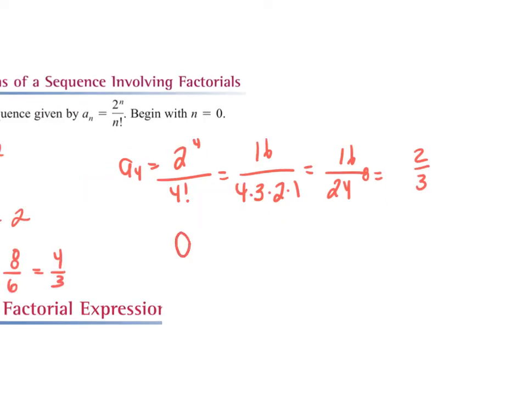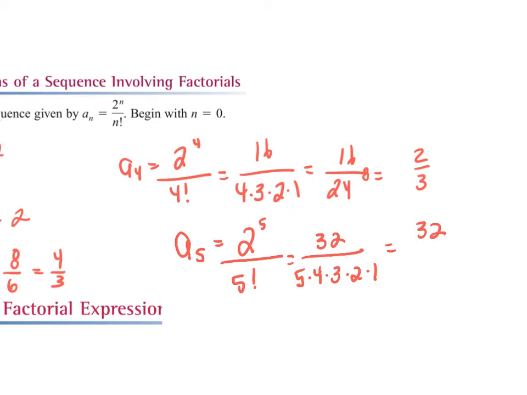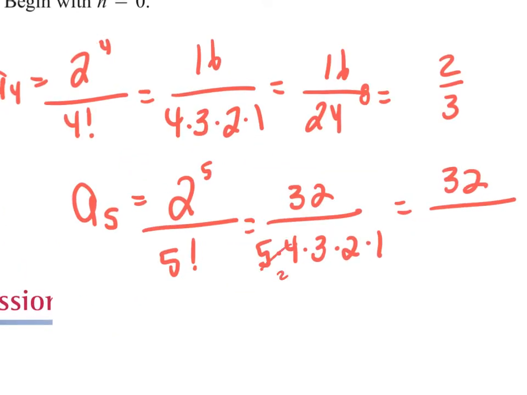If I find the fifth term, I use the formula 2 to the fifth power over 5 factorial. 2 to the fifth power is 32 over 5 factorial. That means 5 times 4 times 3 times 2 times 1. So 32 over, what's 5 times 4? 20.